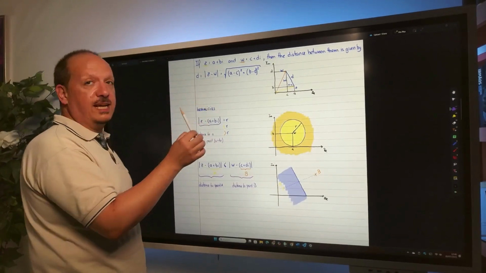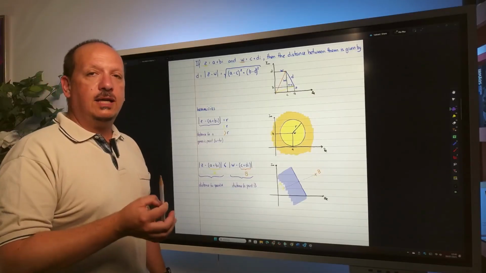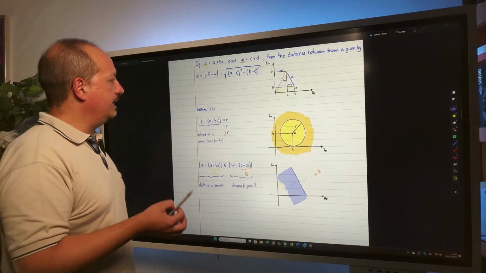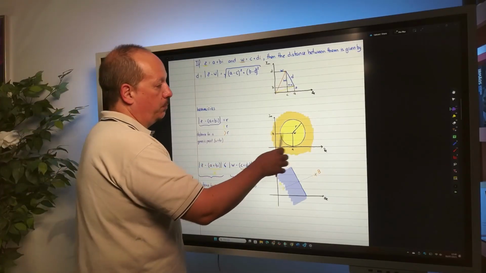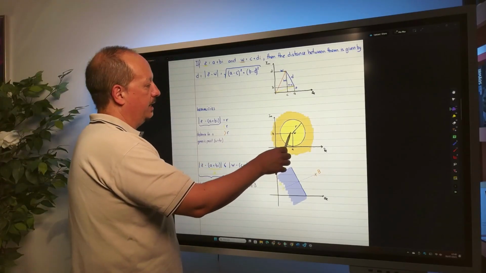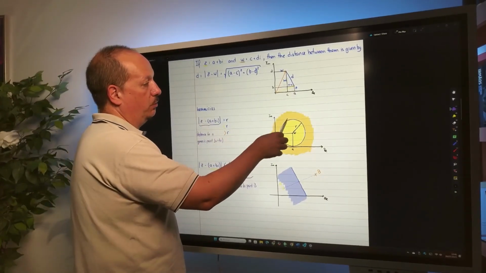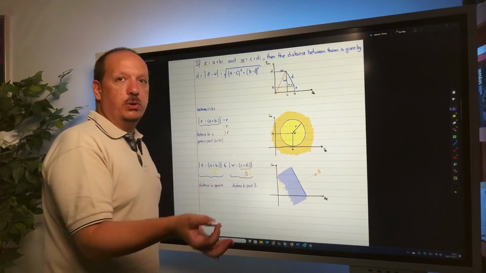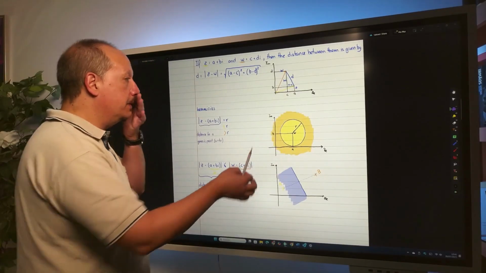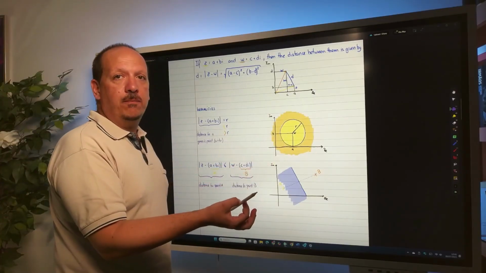So if we're saying that this has a specific value r, then what are we saying? We are saying that the distance from this point a plus b i can be this one over here, can be over here, can be over here. What we are saying is that the distance to this generic point always has the same value r.